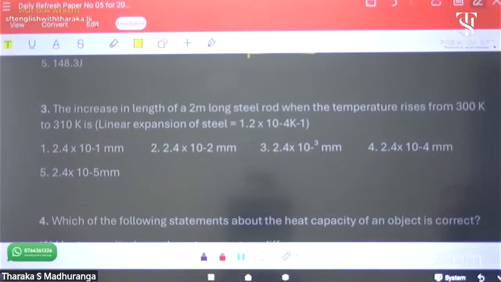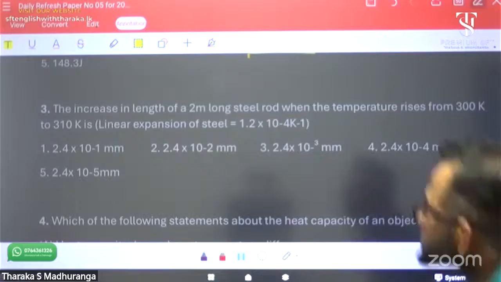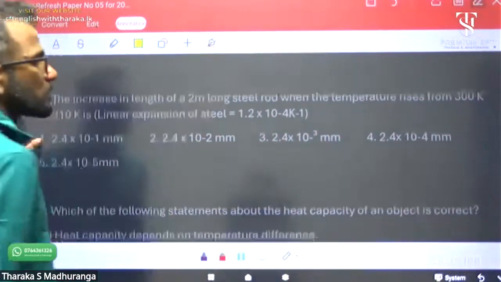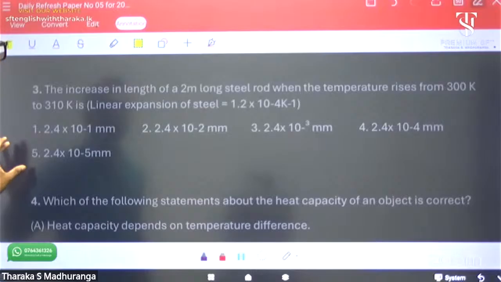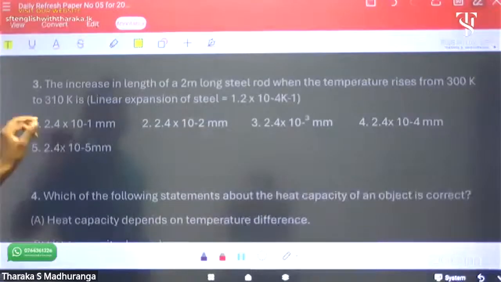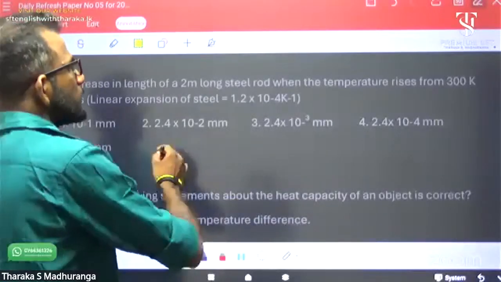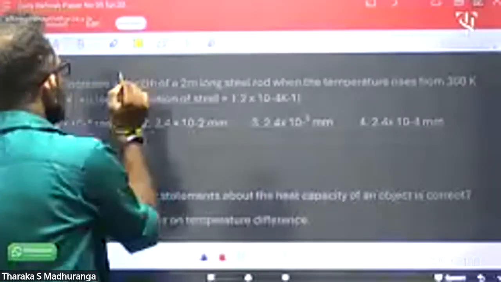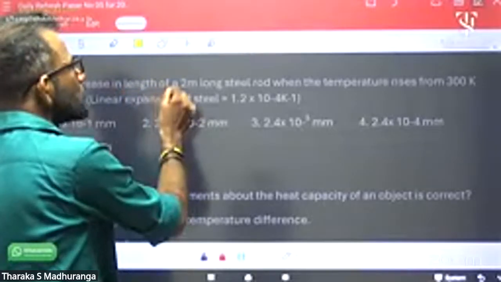The linear expansion coefficient of steel is 1.2 into 10 to the power minus 4 per Kelvin. The length increase is what is being asked.